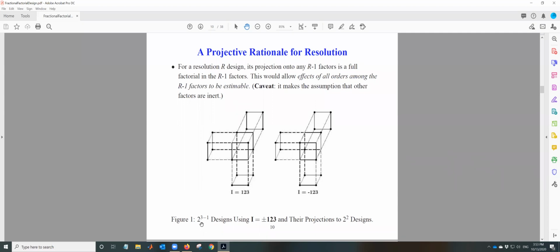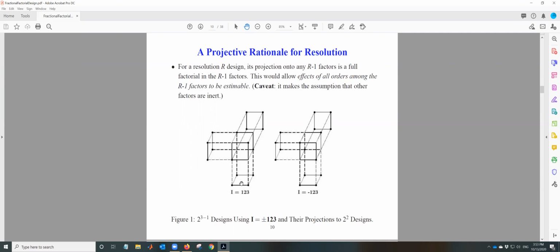For example, if we have a 2 power 3 minus 1, obviously we have a 2 power 2 full factorial. And then you have the third factor. For example, if you have 1, 2 full factorial, 3 equals 1, 2. And that means you're projecting the original full factorial. It's supposed to be 2 power 3, right? But you minus 1, you can project to this screen or this screen.